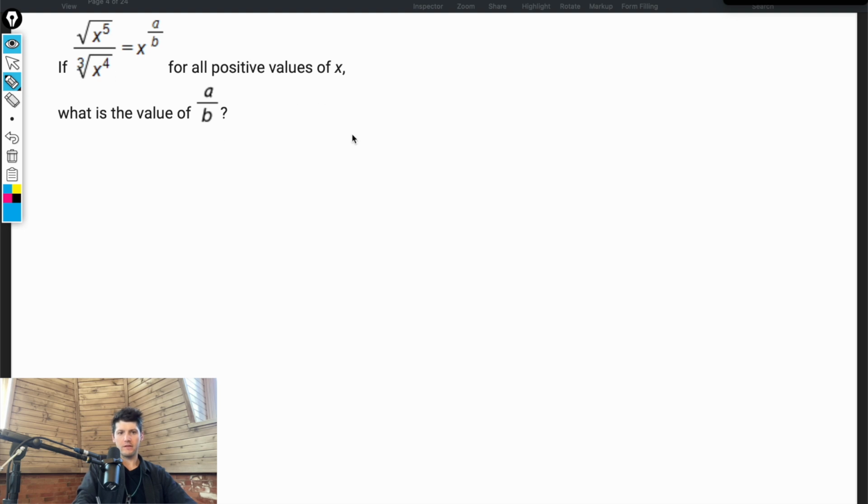So I could rewrite this as x to the 5 raised to the 1/2 divided by x to the 4 raised to the 1/3. And now we have to know our exponent rules. These multiply.